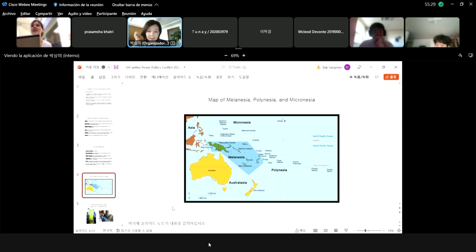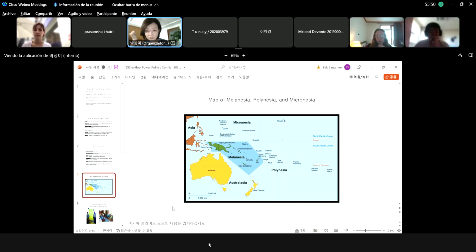Anyway, to the northeast side of Australia, you see Papua New Guinea, which is one of the larger countries in this region with a big population. You also see New Caledonia and Vanuatu and Fiji.